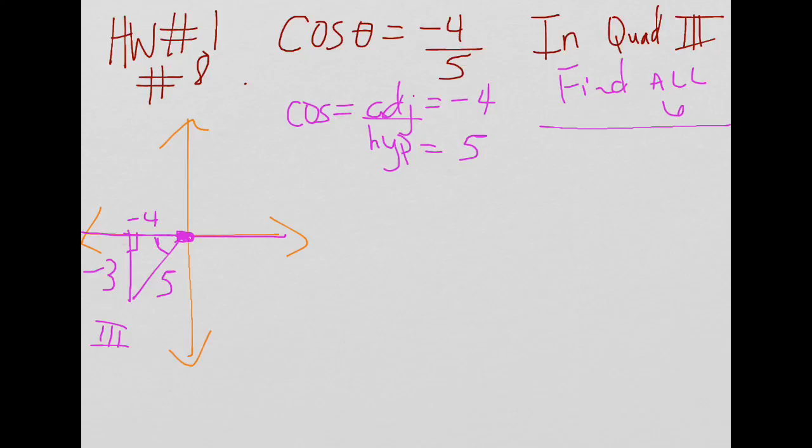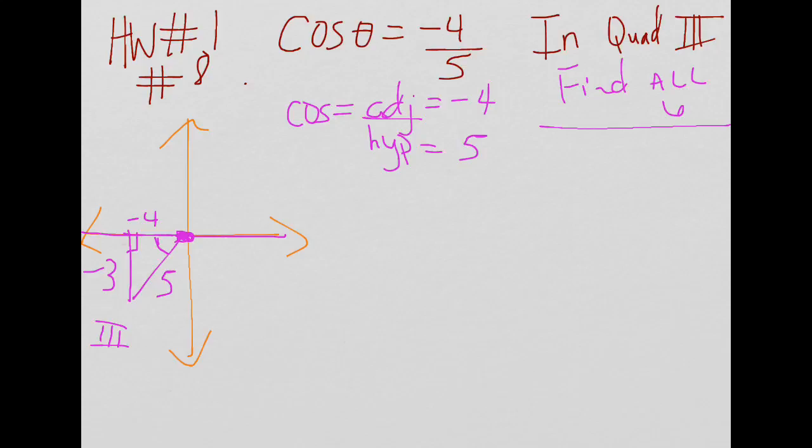If I go this way on the x-axis, the x is negative, so this value has to be negative. And since I have to go down, the y value would be negative, so the 3 has to be negative. Is anybody confused on why these are both negative? Up here, the y would be positive, the x would still be negative. Here the x would be positive, y negative. So it just depends on what quadrant it's in.